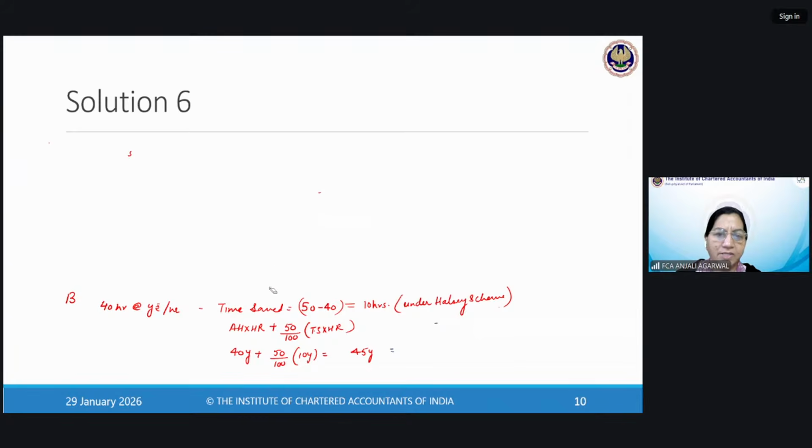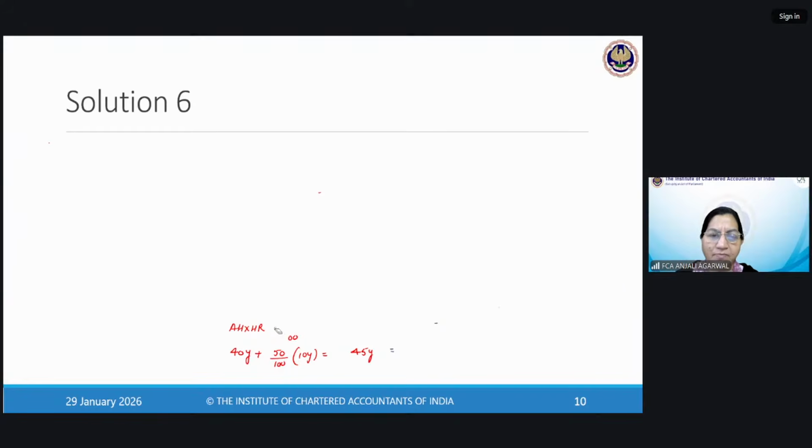Now in this question, everything is given to us. What is missing is we don't know how much time he actually took. So actual hours are missing. But there is one extra piece of information: whatever has been paid to this worker, effectively his hourly rate turns out to be 37.50.